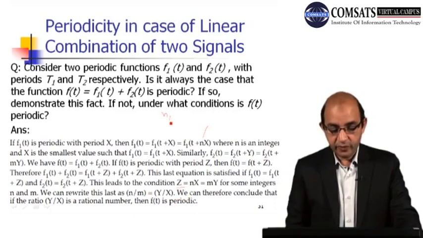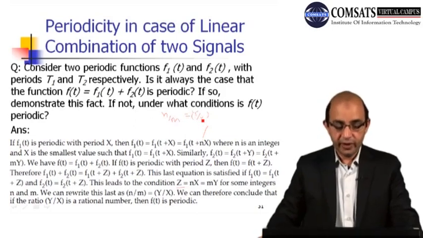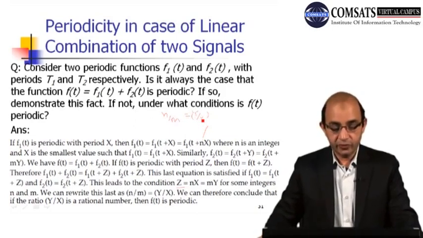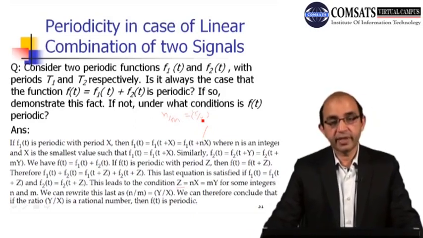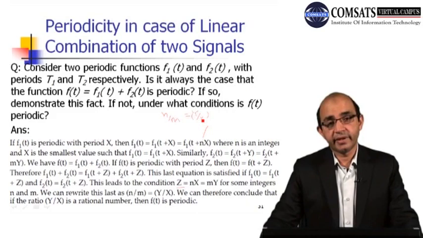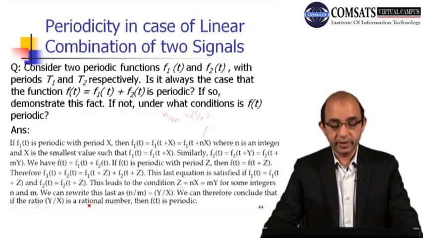So it means n over m is equal to y over x. So if the ratio y over x, or you can say n over m, is a rational number, then we can say that the signal that is composed of the linear combination of f1 and f2 will be a periodic signal. So this is the condition, that the ratio should be rational.